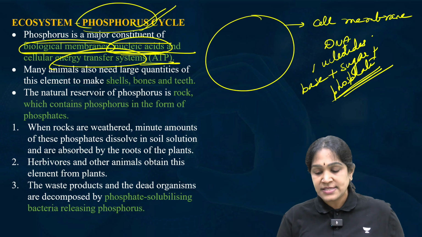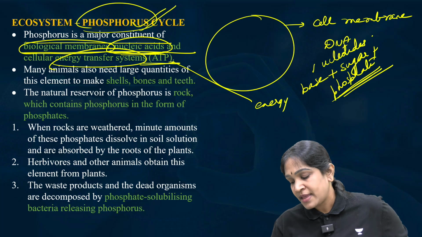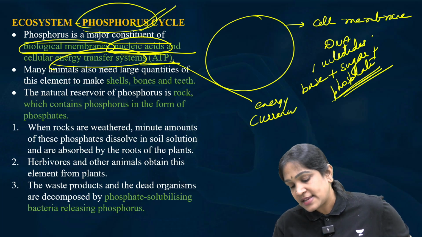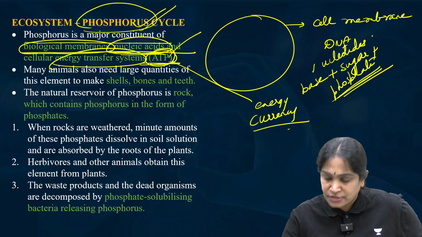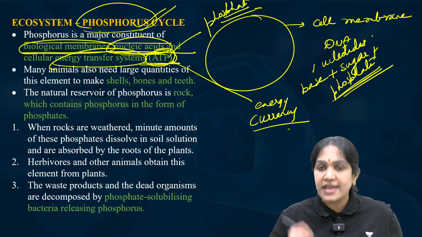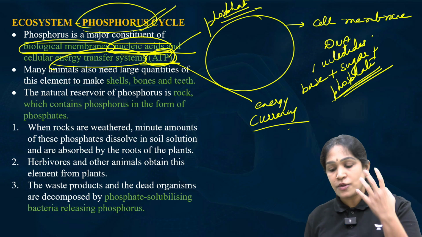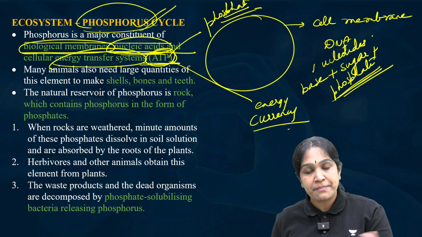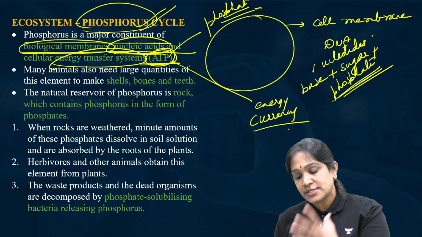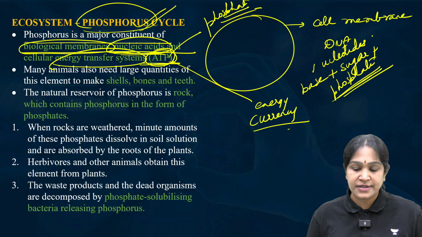I hope you know about this. ATP is called the energy currency of the cell. And ATP, adenosine triphosphate, that is the ATP. So we have phosphorus in our nucleic acids, in our biological membranes, in our energy components like ATPs. In all these things we have the phosphorus.